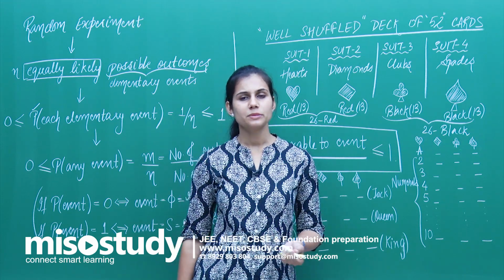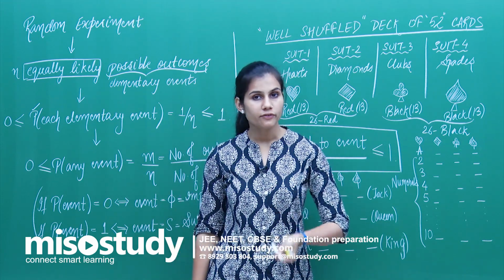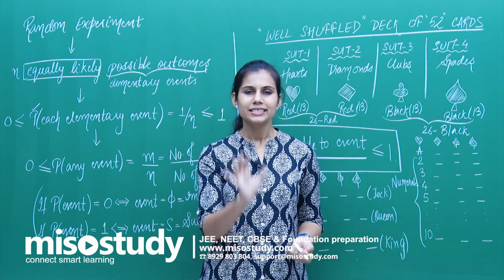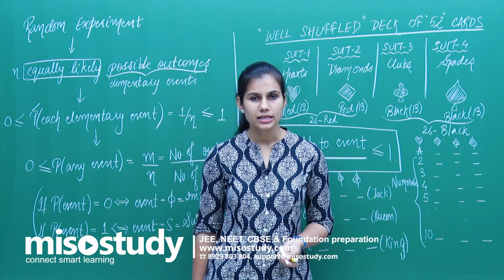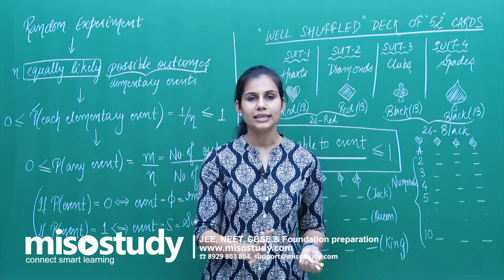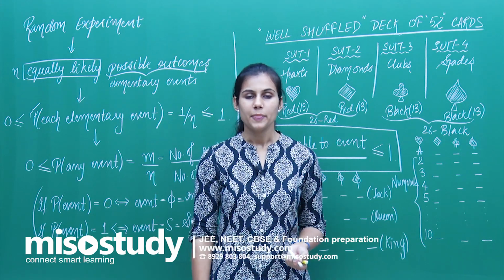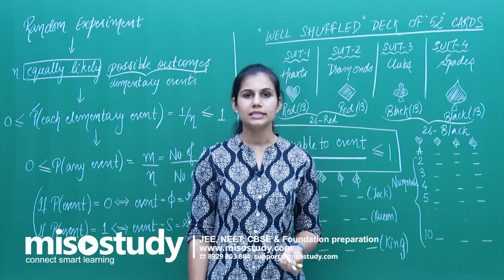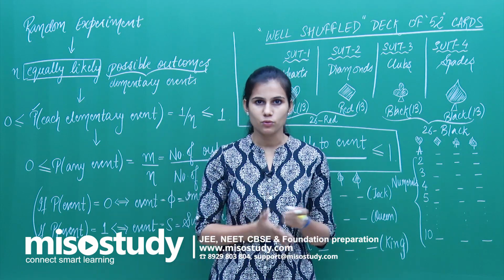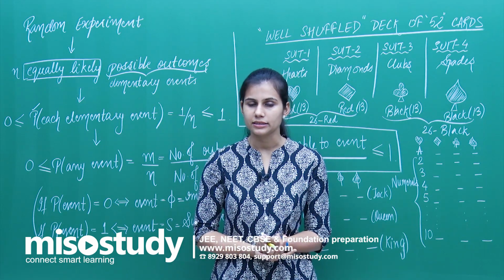If there are 52 possible outcomes and the deck is well shuffled, that automatically means that each outcome has equal chances of occurrence. That means these 52 possible outcomes are equally likely to occur. That is why the word well shuffled is used, so that you can apply the concept of the axiomatic approach, or after that what we did, the classical probability.